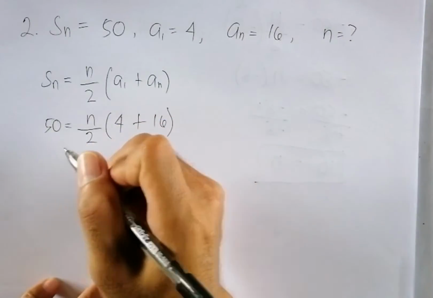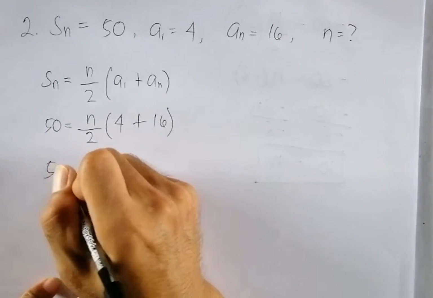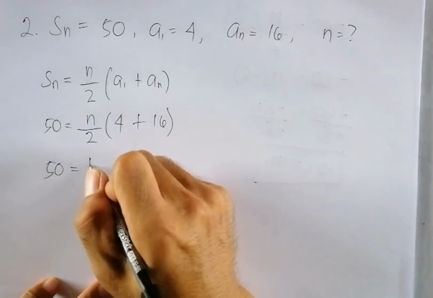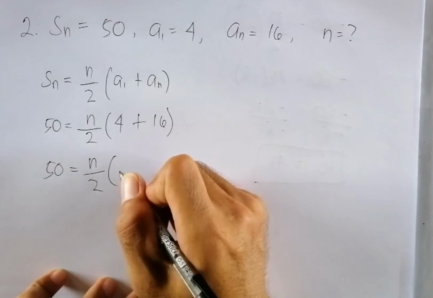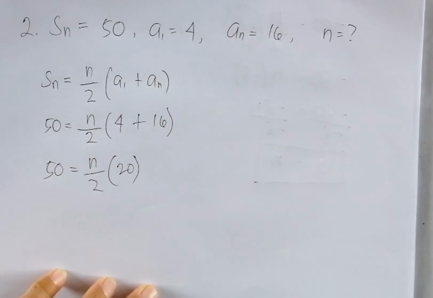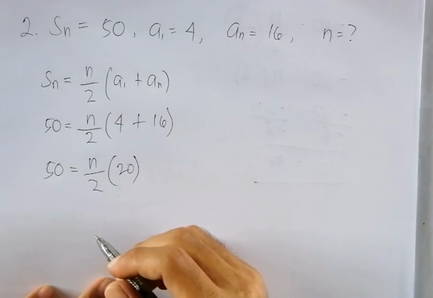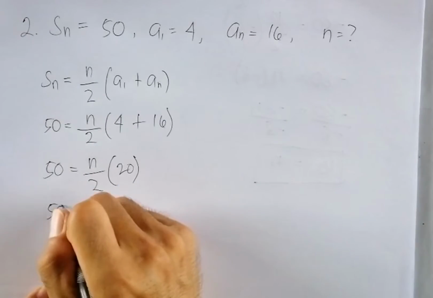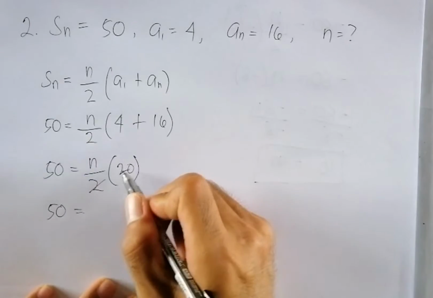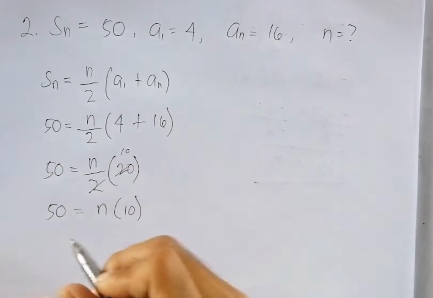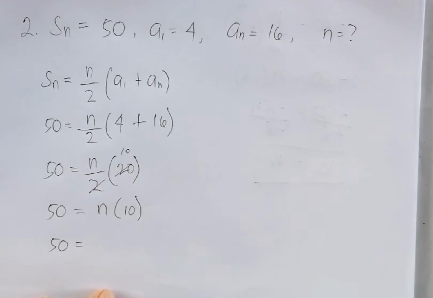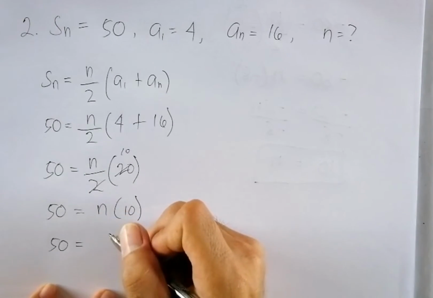Then simplify, so we have 50 equals n over 2 times 4 plus 16, that is equal to 20. Then divide 20 by 2, so that is n times 10.